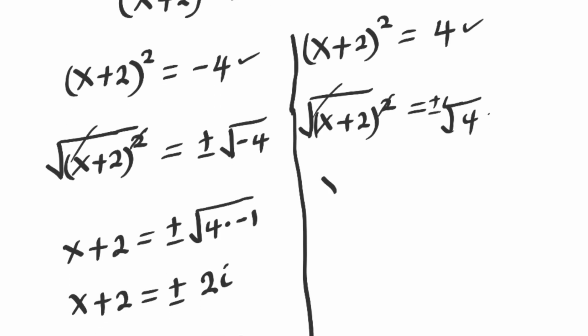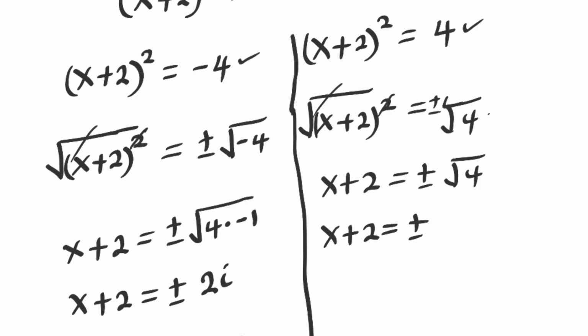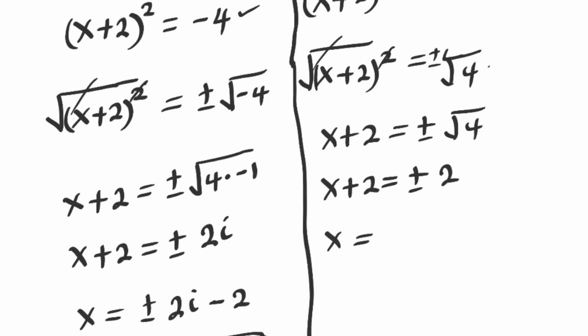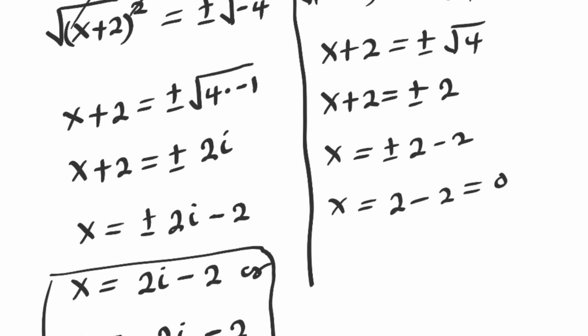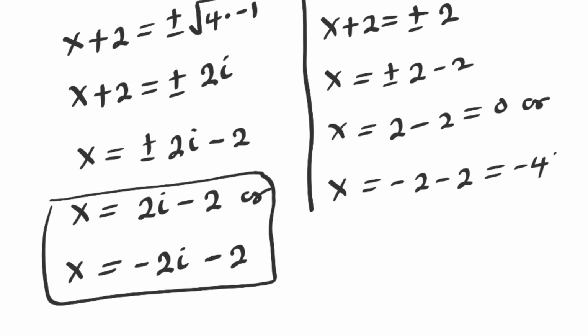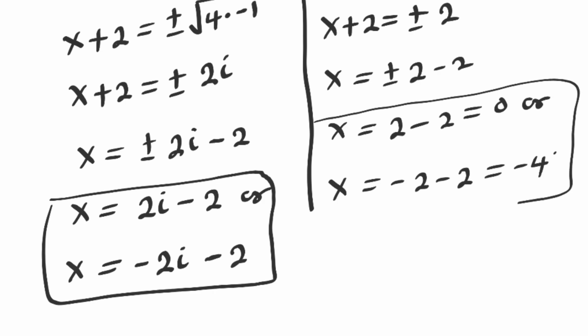This cancels this. x + 2 is equal to plus or minus square root of 4, which is 2. x is equal to plus or minus 2 minus 2. x is equal to 2 minus 2, which is equal to 0, or x is equal to minus 2 minus 2. This is equal to minus 4. And this is another value of x.